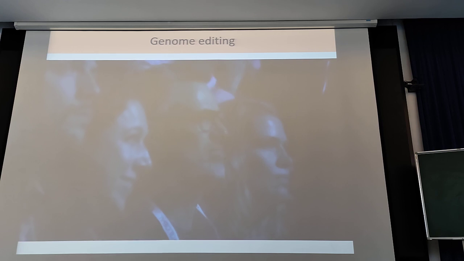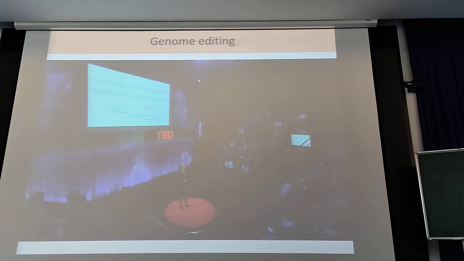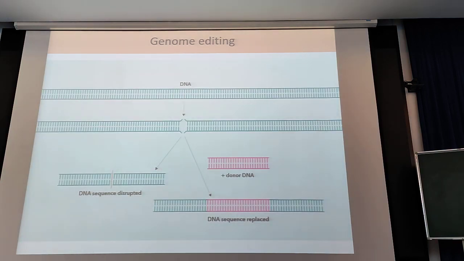The reason we envisioned using the CRISPR system for genome engineering is because cells have the ability to detect broken DNA and repair it. So when a plant or animal cell detects a double-stranded break in its DNA, it can fix that break either by pasting together the ends of the broken DNA with a little tiny change in the sequence at that position, or it can repair the break by integrating a new piece of DNA at the site of the cut.